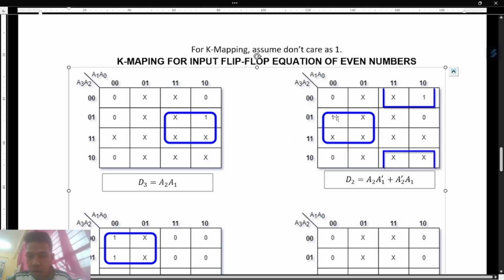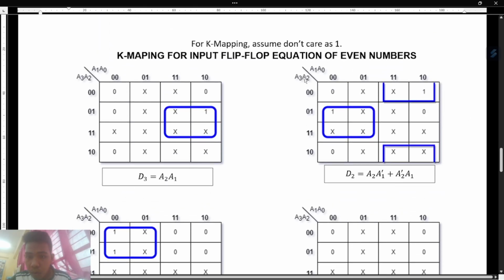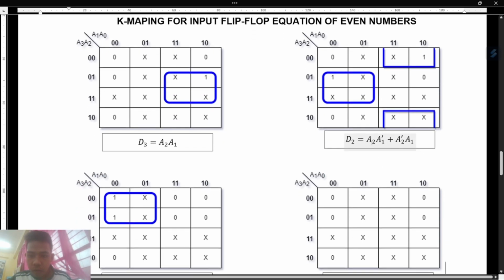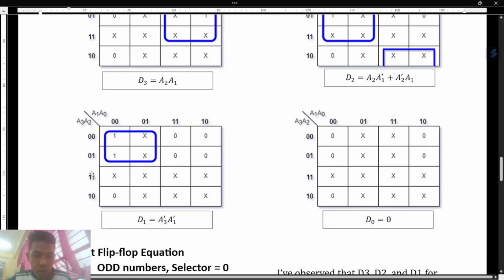For D2, it is only high at 2 and 4, so we group these.